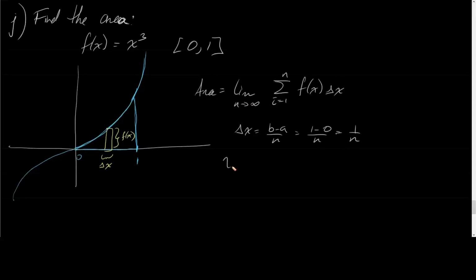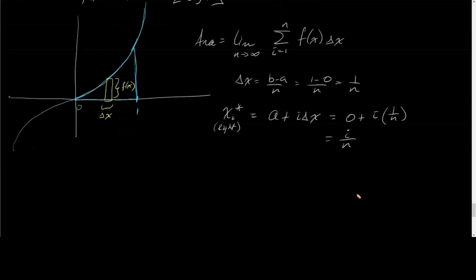Now, let's look at the right endpoints. And in here, I'll put on the bottom that we're doing right endpoints. We know that the formula was a plus i delta x. In this case, a is 0, so 0 plus i times delta x. Delta x is 1 over n, so I end up with i over n. Now, let's see what that does for us.